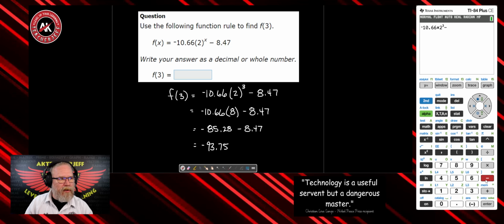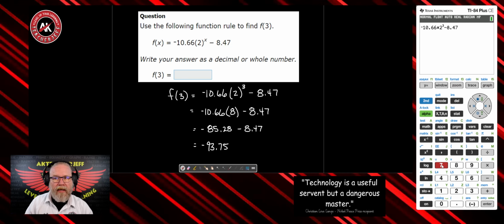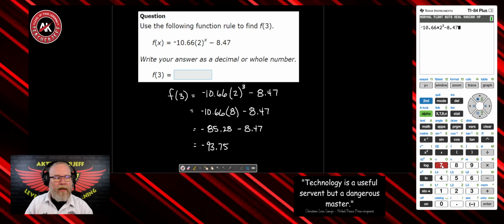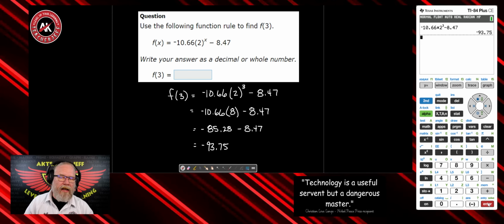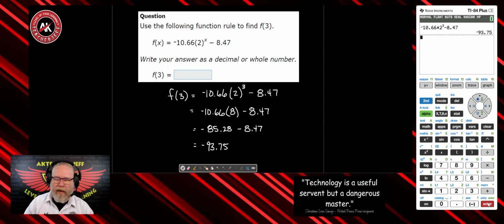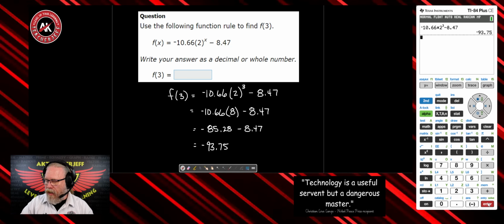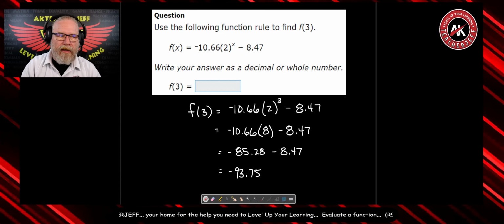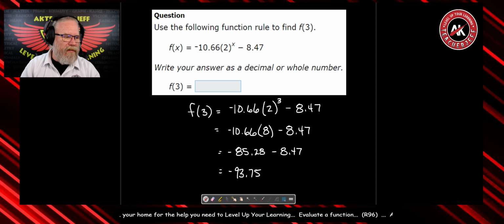And from that, I should subtract 8.47. I'm pretty sure the calculator should do all the order of operations for me correctly. I'm going to push the button. Hopefully, I get negative 93.75. Indeed, I do. Negative 93.75. So be sure to use the calculator if you wish. Remember, it pretty much does the order of operations for you.